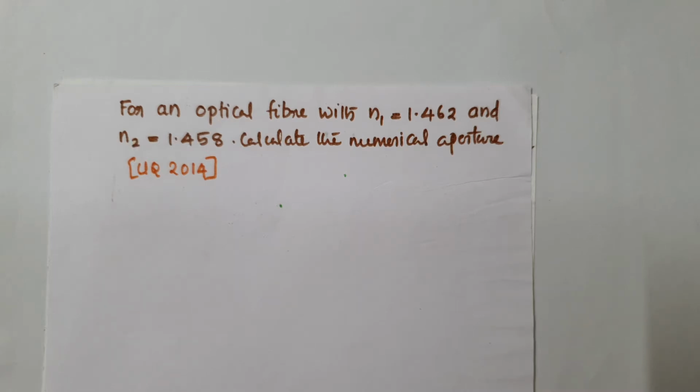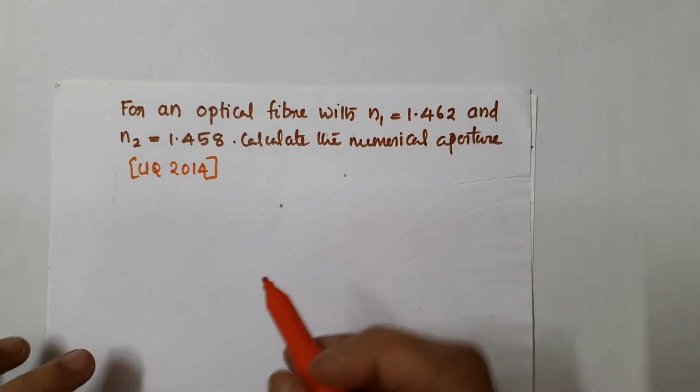For an optical fiber with N1 equal to 1.462 and N2 equal to 1.458, calculate the numerical aperture. For an optical fiber, the numerical aperture determines the light gathering capacity of a fiber. It can be represented in terms of the refractive index of the core and the cladding region.